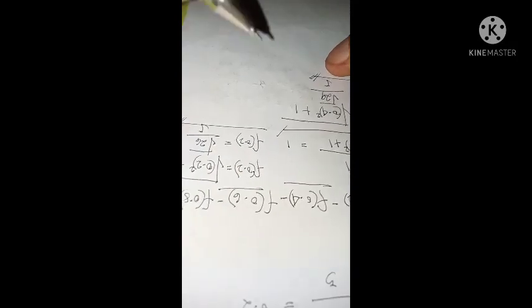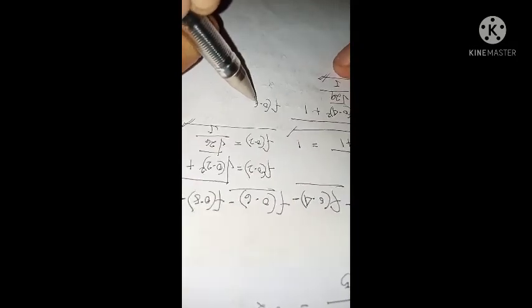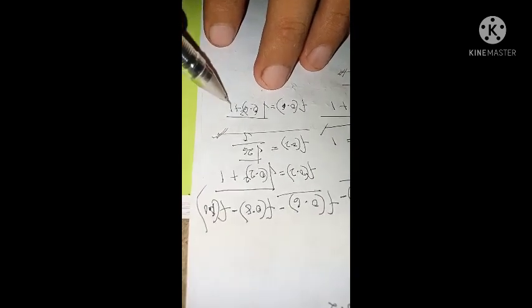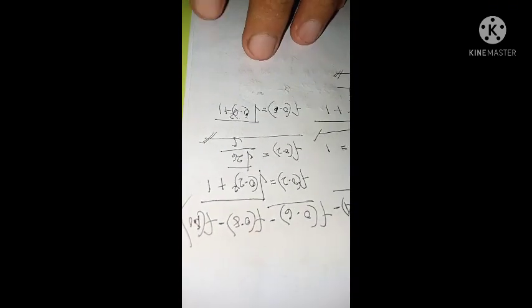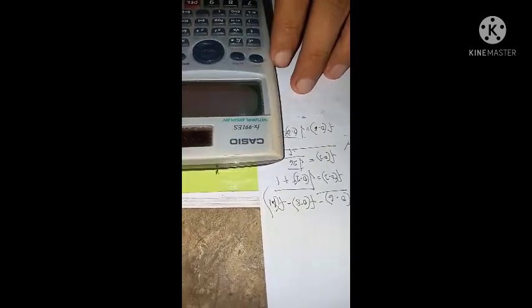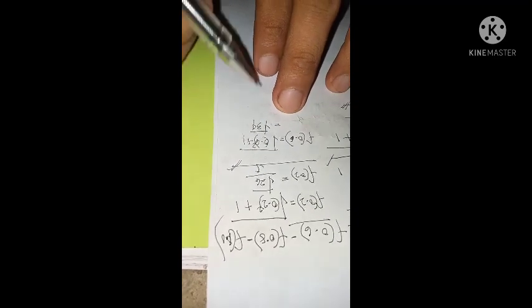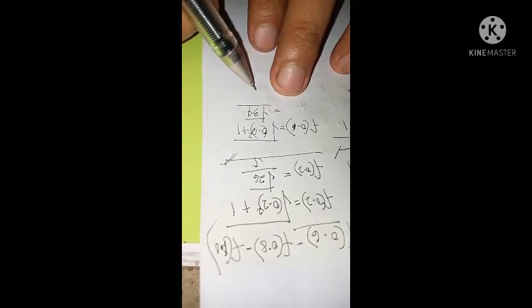Then f of 0.6 is equal to the square root of 0.6 squared plus 1, which is equal to the square root of 34 all over 5.